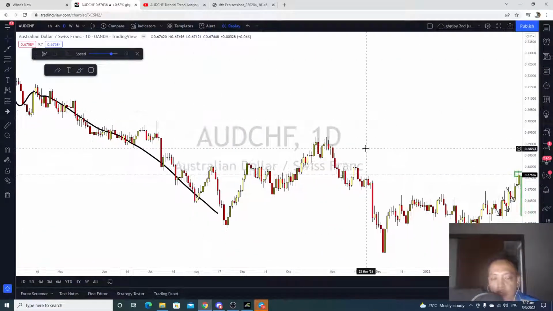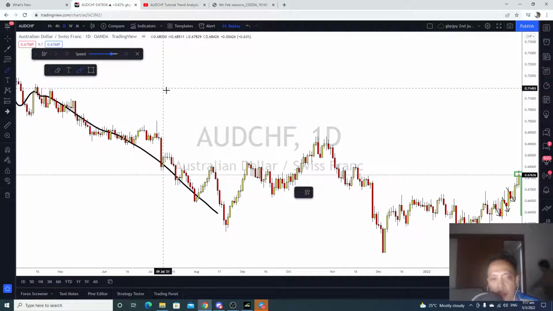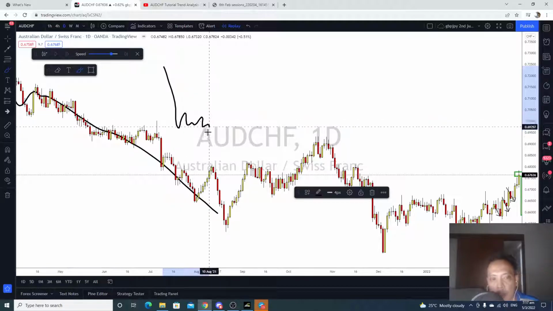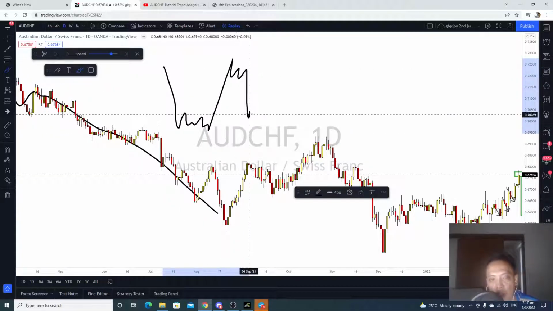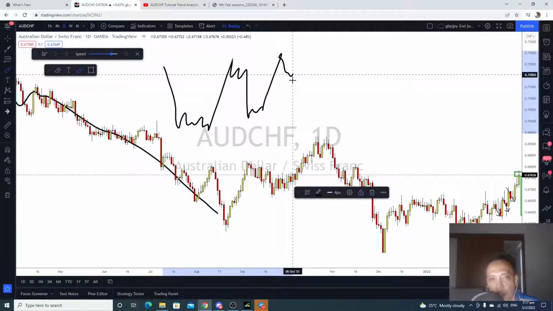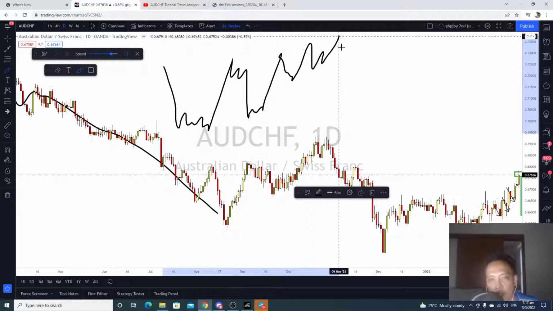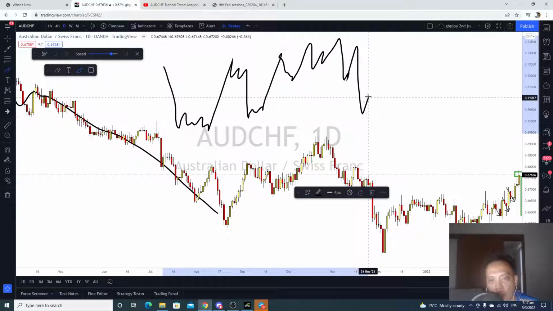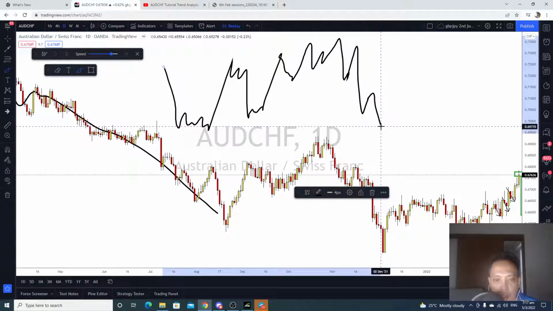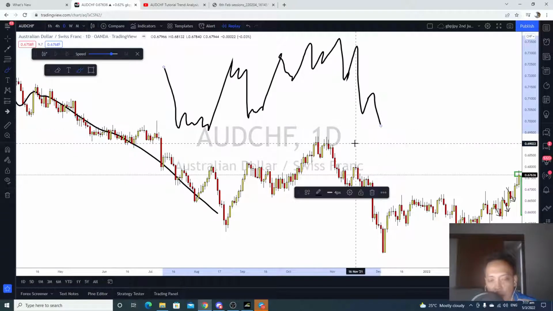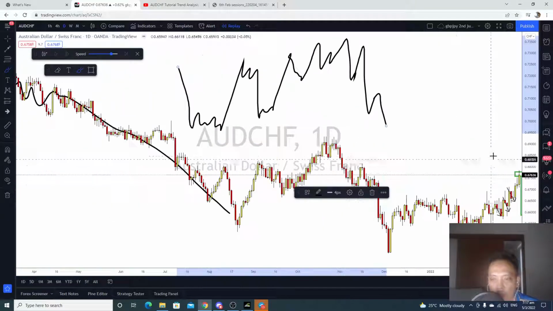Usually that's the market behavior: downtrend, sideways, uptrend, sideways, downtrend, sideways, uptrend, sideways, uptrend, sideways, downtrend, sideways. You see, it's always like that. So you have to understand the process and how the market behaves, because it usually repeats itself.